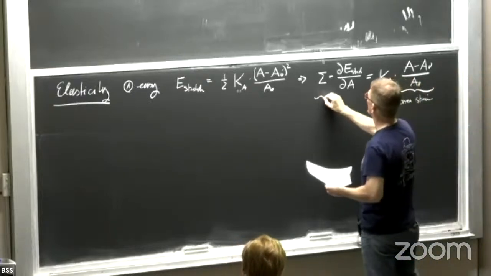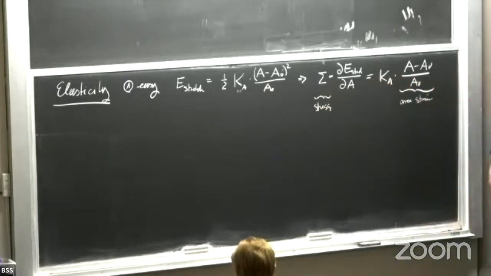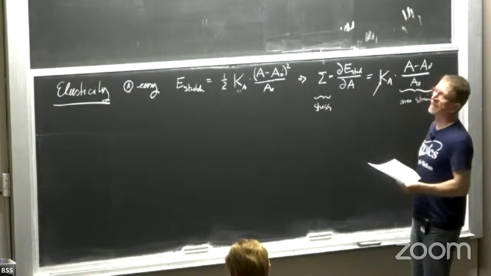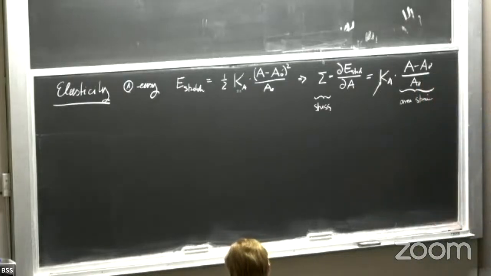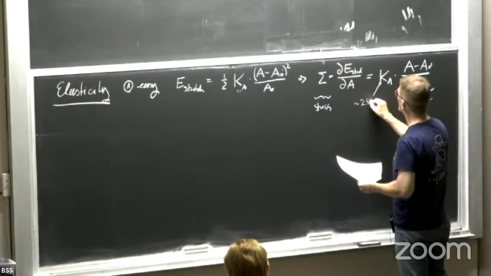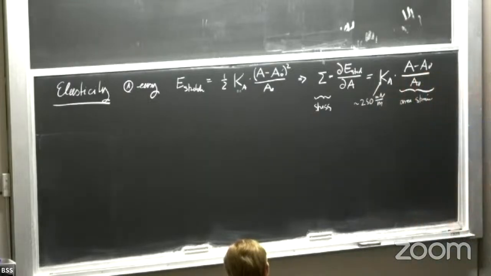And this is the stress. What this equation says is that the stress is proportional to the strain, and that's Hooke's law. The modulus here is the area stretching modulus, and Patricia already talked about it yesterday. For lipid membranes it usually has values on the order of 250 millinewton per meter. And that's the easy bit of elasticity, and I leave it at that.